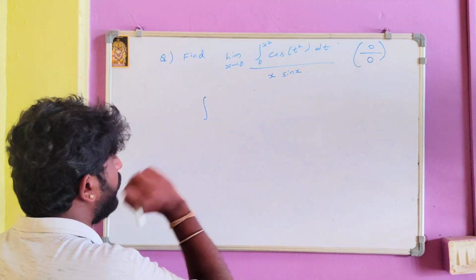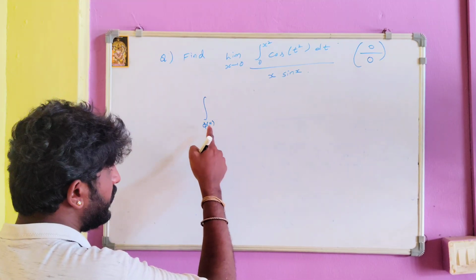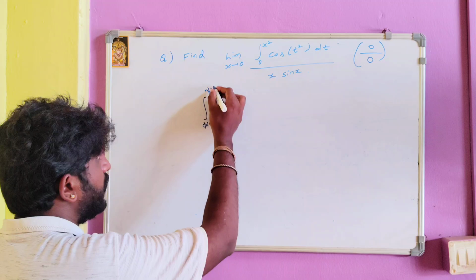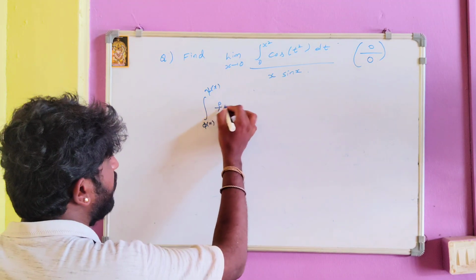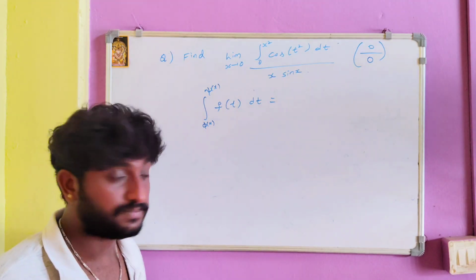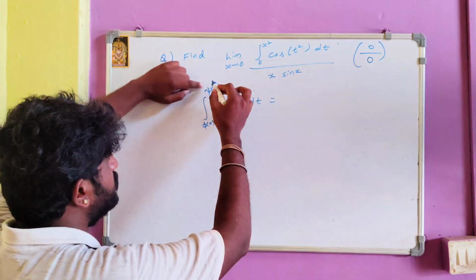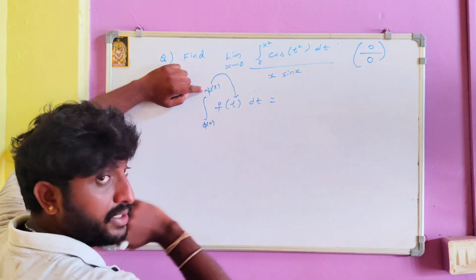Whenever you deal with such a function, with the limit in terms of x in the numerator, it is f of t dt, given like this. What you have to do now is substitute this upper limit in the place of t.